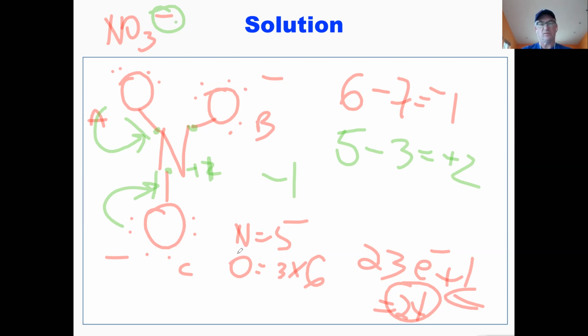And so, can we do that though? Can we have nitrogen with a total of 10 electrons? Can we have nitrogen that looks like this? Does that work?